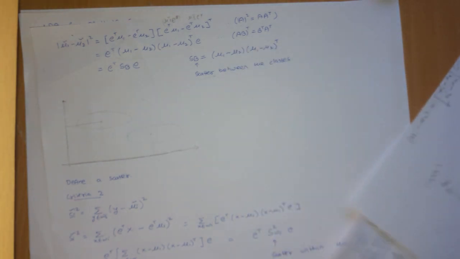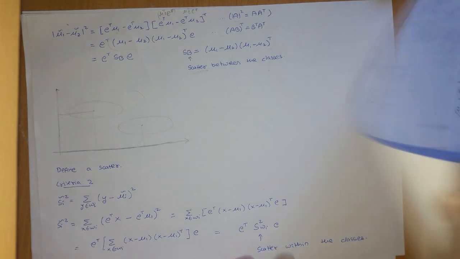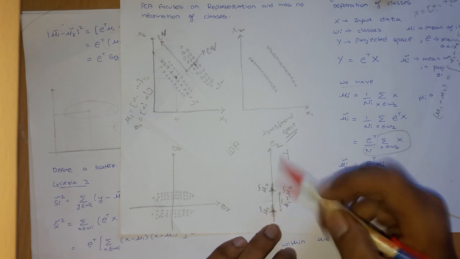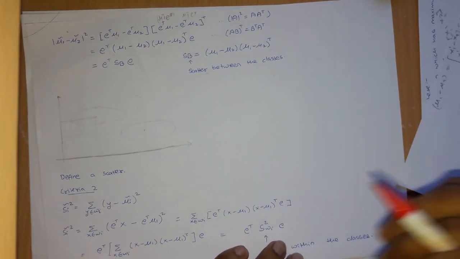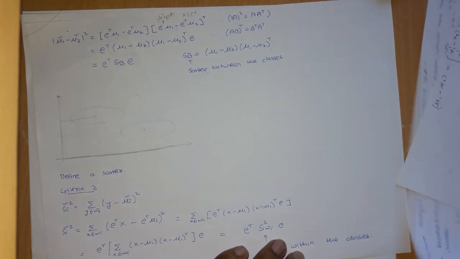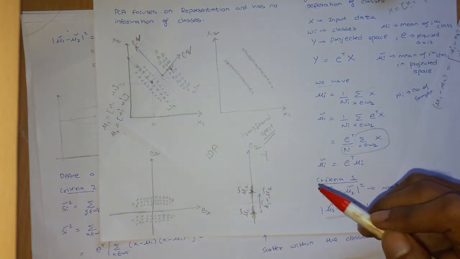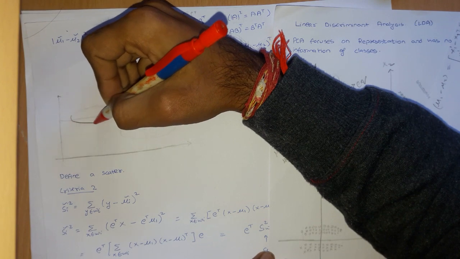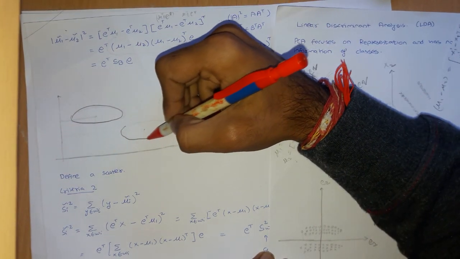Now, only separating the means won't work, because you can have a case like this. Suppose I just took the condition that I am only separating the means and I'm not taking anything else into consideration. So there can be a case like this, where this is my class 1 data and this is my class 2 data, okay?